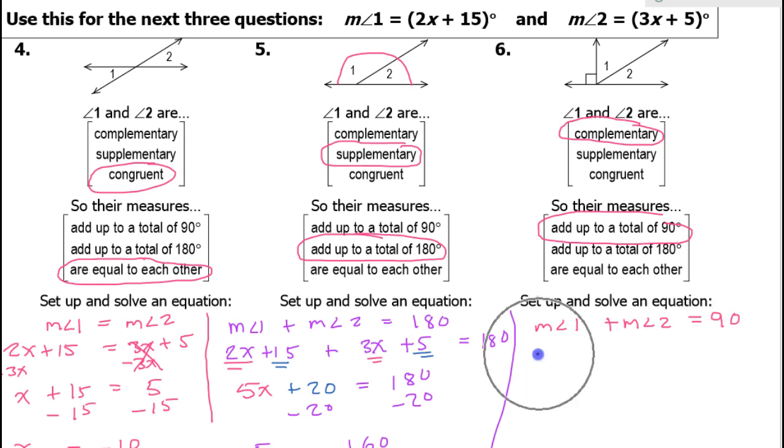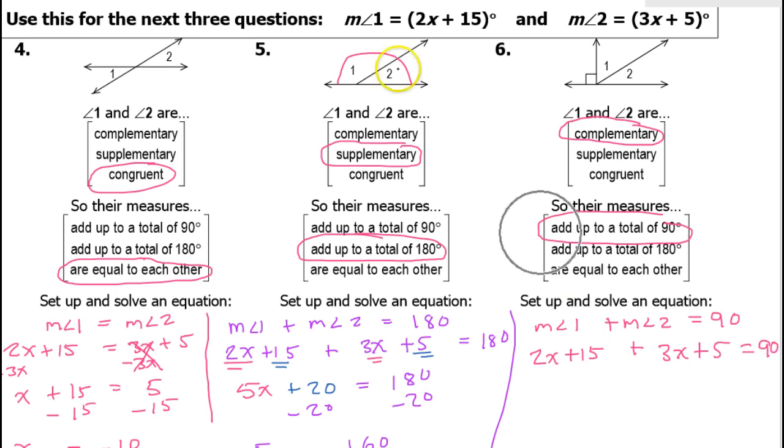The measure of angle 1 is 2x plus 15, and the measure of angle 2 is 3x plus 5. So that has to add up to 90.